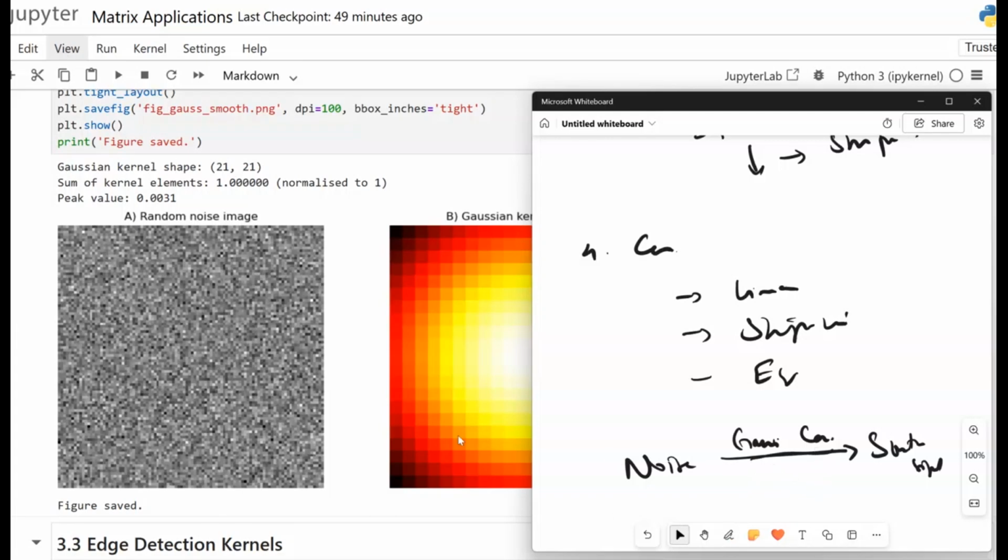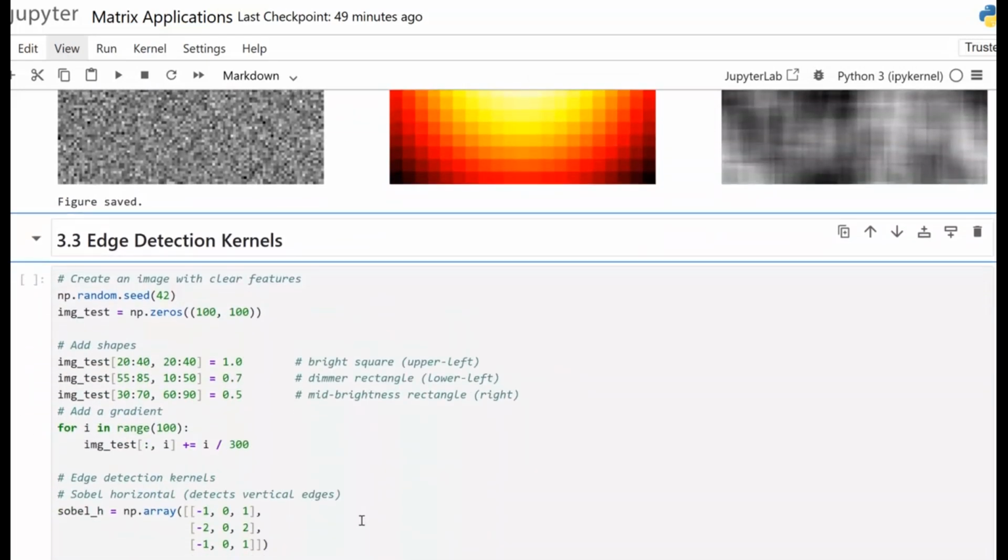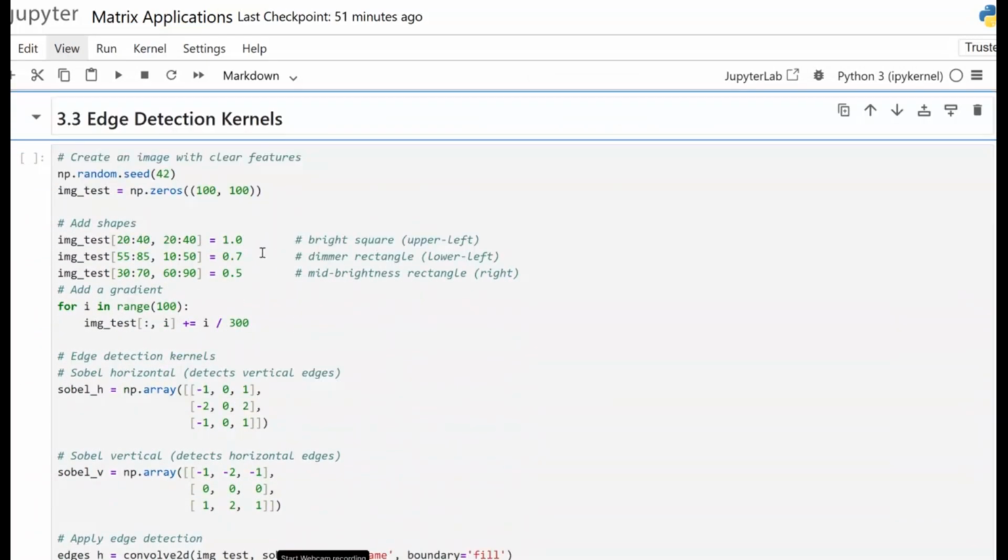Now let me move on to the edge detection kernel. Dear friends, different kernels detect different features.